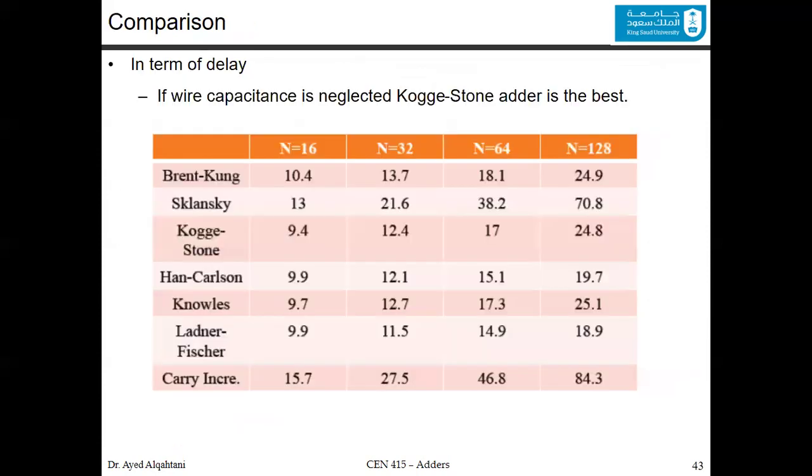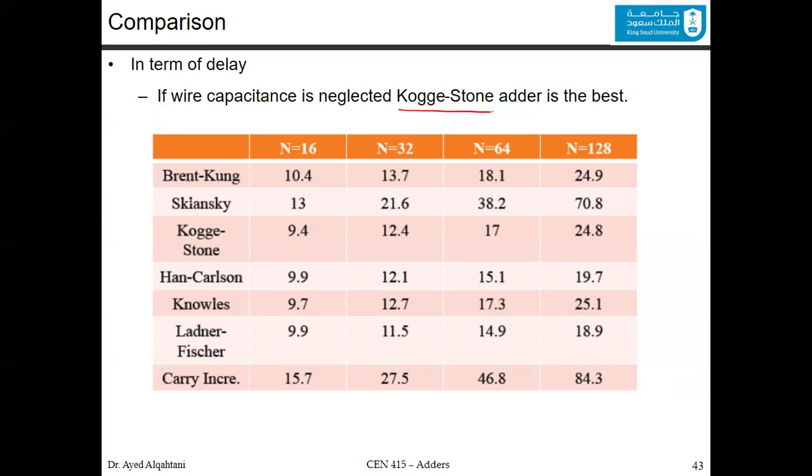If you want to compare those different types in terms of delays, if we have the assumption where the wire capacitance is neglected, then the Kogge-Stone adder is the best. And it's very obvious because the problem of the Kogge-Stone was the wires. If you neglect the wire capacitance, then the Kogge-Stone will win.